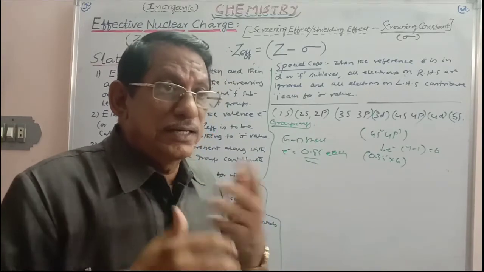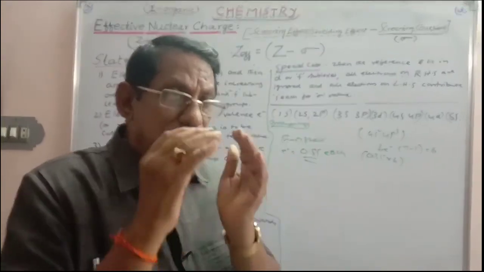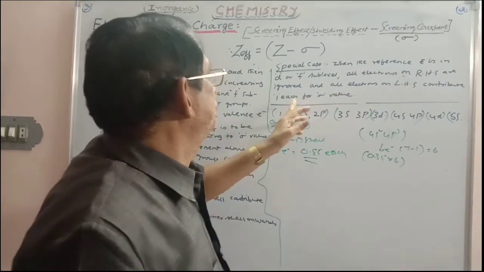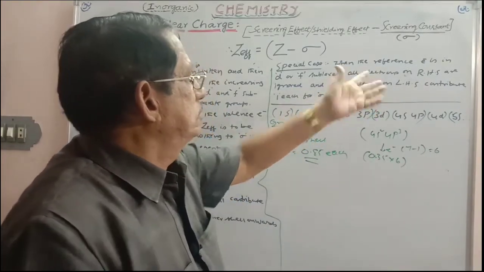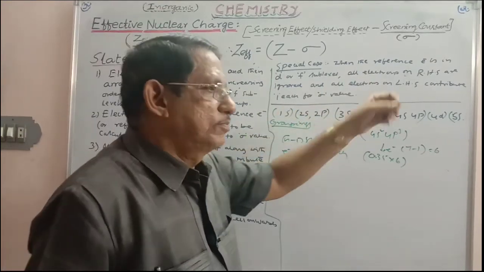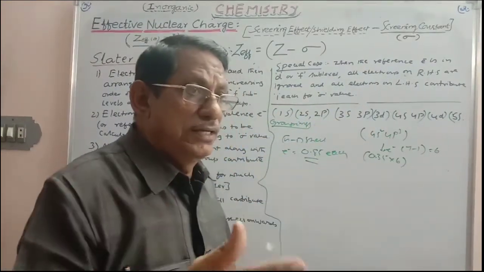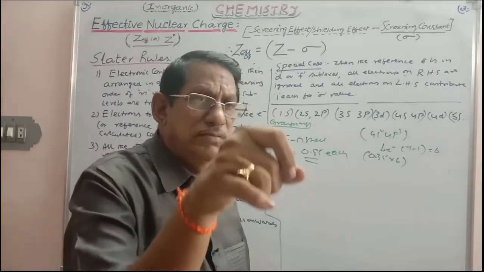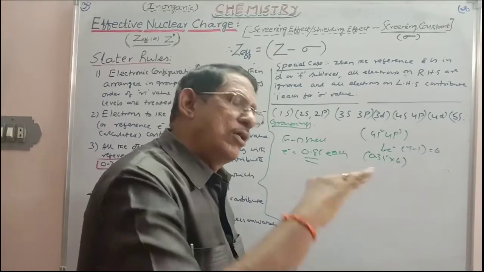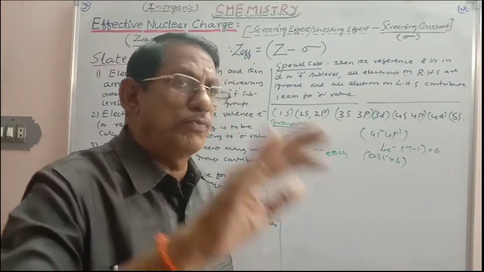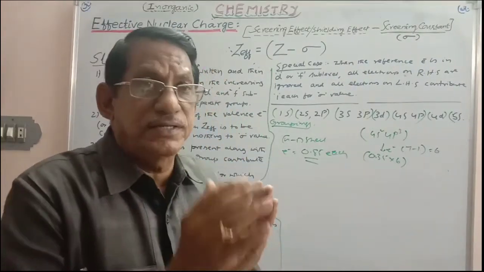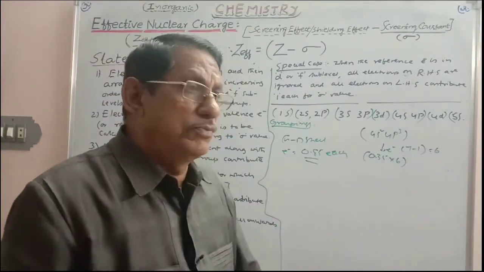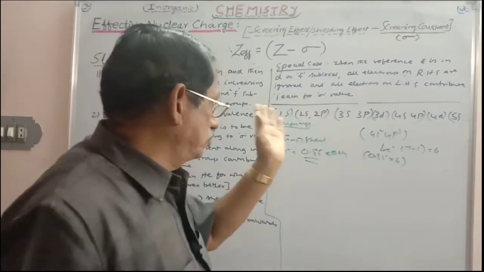But the electrons which are present in the D subgroup or F group will be contributing 0.35 each. That is, as usual, they are contributing 0.35 each, but for the inner electrons, there is no n minus 1, n minus 2, etc. If you take the D sublevel, whatever inner electrons are there, all the electrons will be contributing 1 each, there is no 0.85. But whatever electrons are present in the same sublevel of D, the remaining electrons of the D subgroup will be contributing 0.35. That is, as usual, applicable.